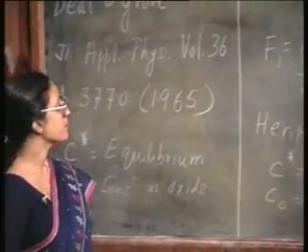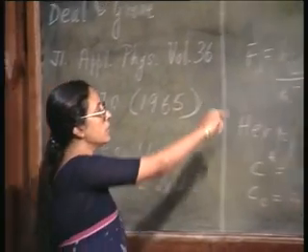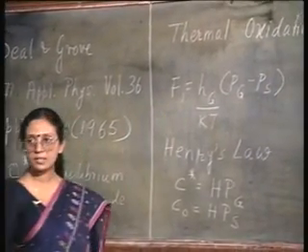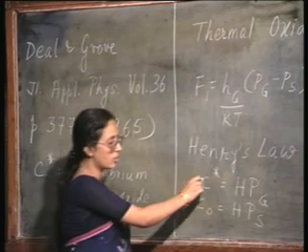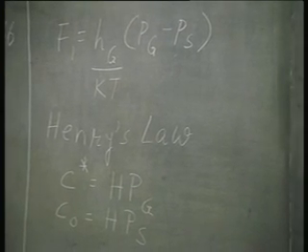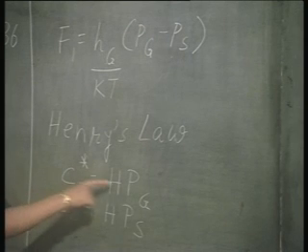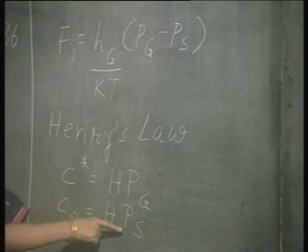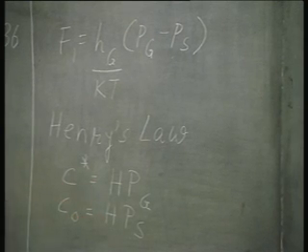Now, you see, it is possible for me to write the flux equation in terms of C star and C naught, because I know C star is proportional to Pg and C naught is proportional to Ps, is not it?